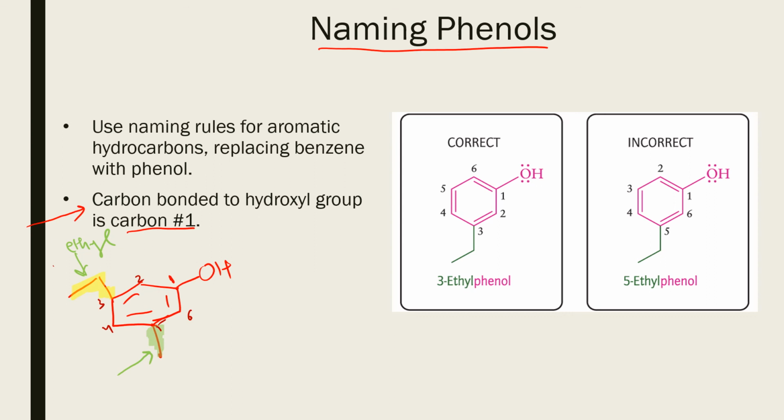So ethyl comes first, it will be 3-ethyl, 5-methyl, and there is no need to write 1-phenol because it's understood that the OH group is always number 1, so we don't need to write the locator number for the OH group or hydroxyl group, so we simply write phenol.